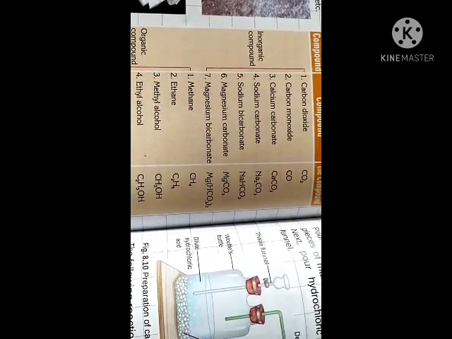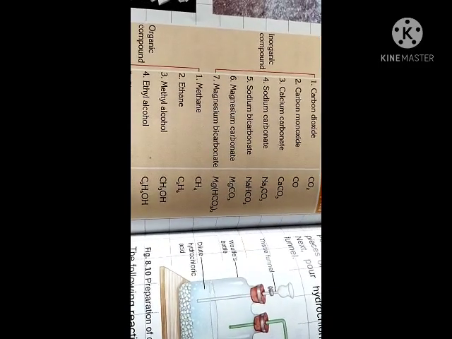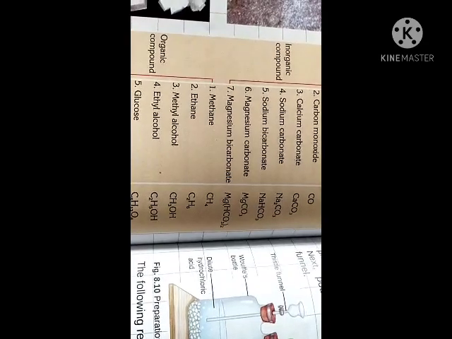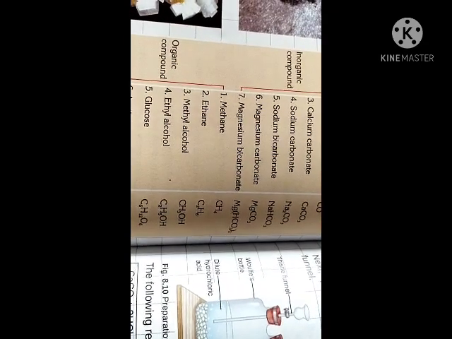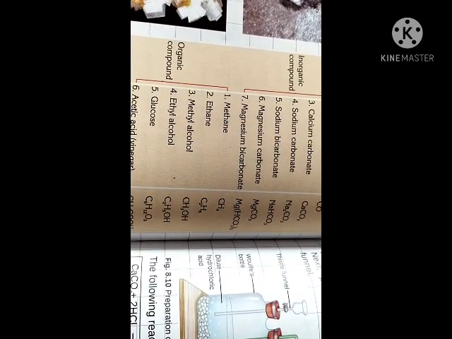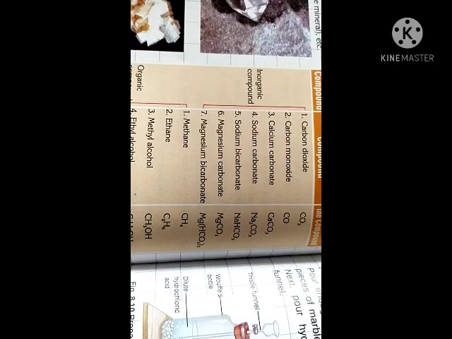Organic compounds are those compounds which are not present in the environment, which are made artificially or by the mixing of natural compounds. The inorganic compounds are the natural compounds.